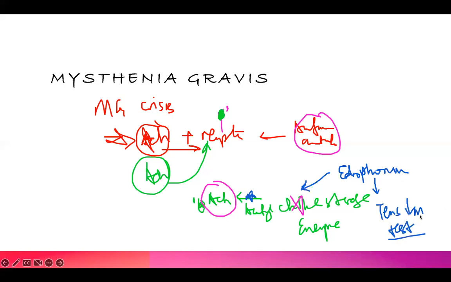When they say patients are undergoing the Tensilon test, basically you're giving them edrophonium to block acetylcholinesterase to increase the level of acetylcholine. Well, now I have more acetylcholine. What do you think is going to happen to them? Their symptoms may improve.